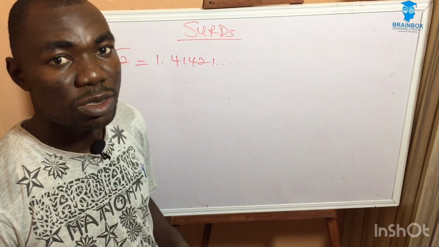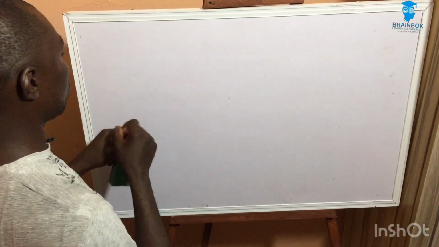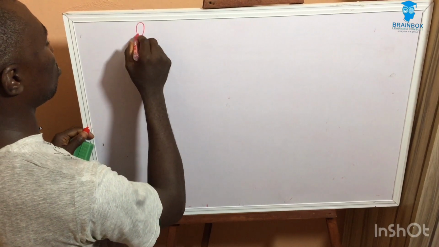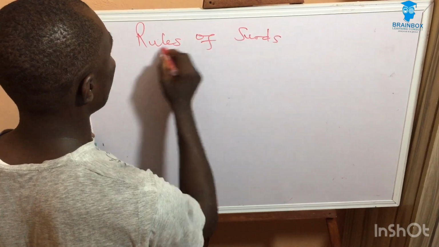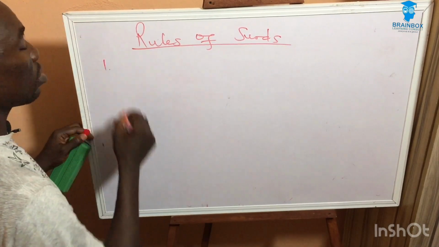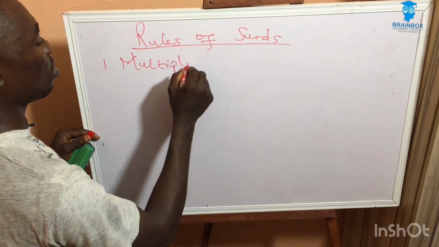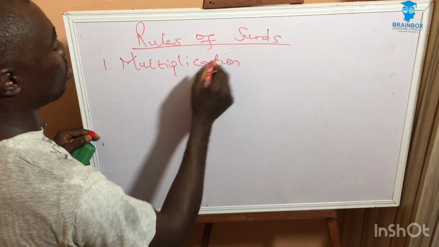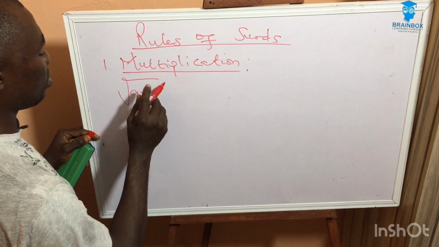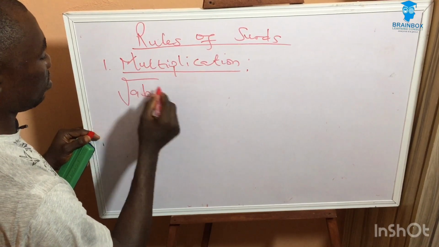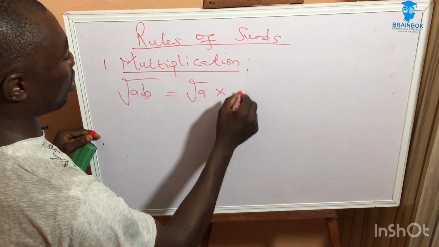Quickly, let's go straight to the rules of surds. Number one, the multiplication rule. In the multiplication rule, we can have something like this: root of ab, which can also be root a times root b.